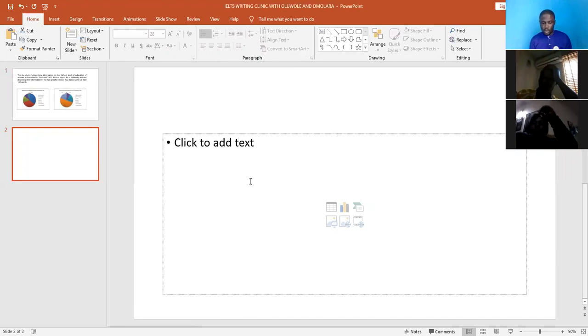Let me say, the two pie charts given show the different levels of education of women in Summerland in two different years.